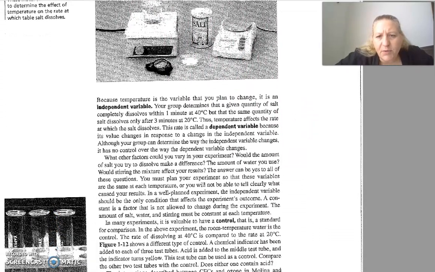Because temperature is the variable that you plan to change, it is the independent variable. Okay, so we might say that's also the manipulated variable. Okay, again, this is a vocab word.